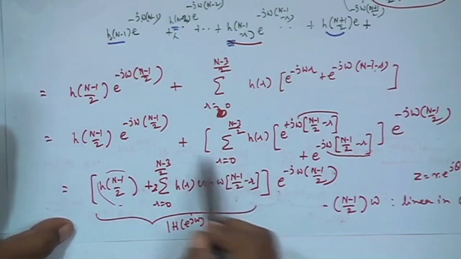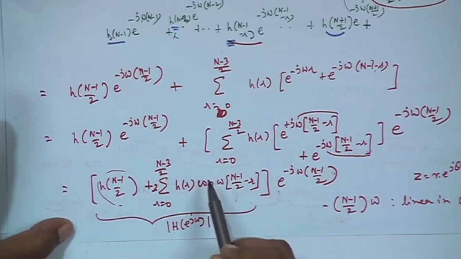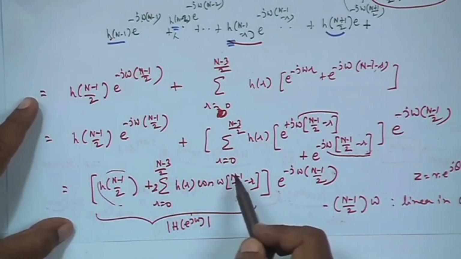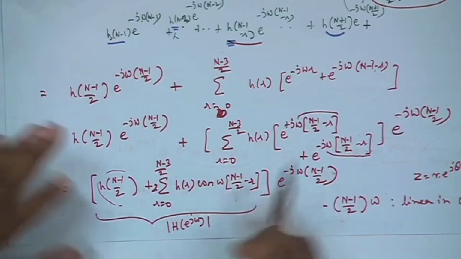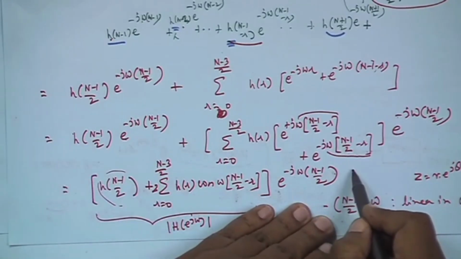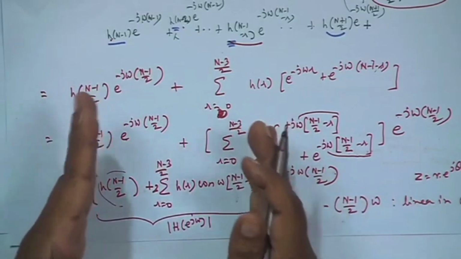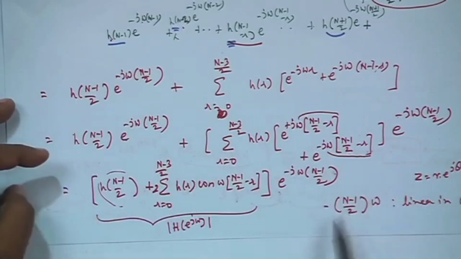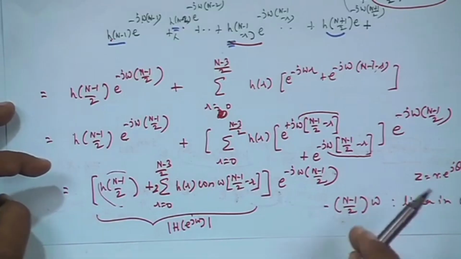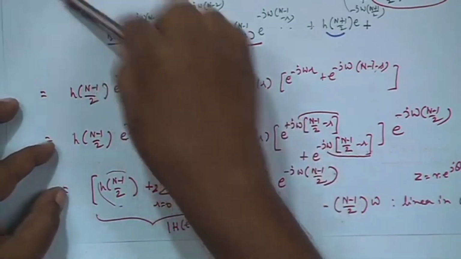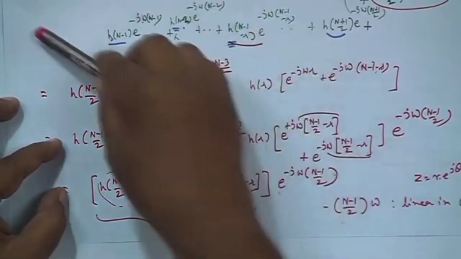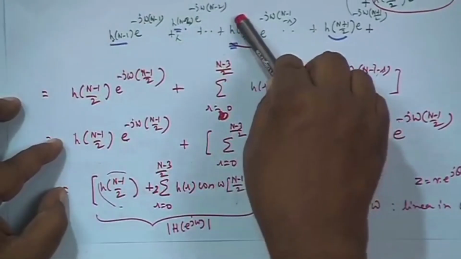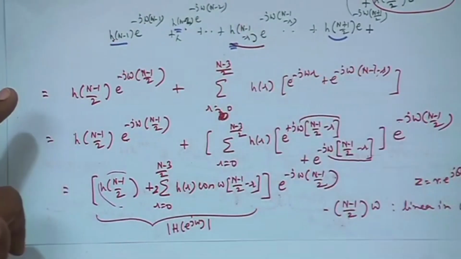Suppose if this whole thing becomes negative, then negative means there is a pi phase shift. So, definitely at that time e to the power j pi will get added and the magnitude part of that will remain here. So, then phase will no longer be linear there, because a constant thing will get added. Phase was coming down like this, suddenly it will go up by some pi, and again it will start falling. So, it will not be linear.